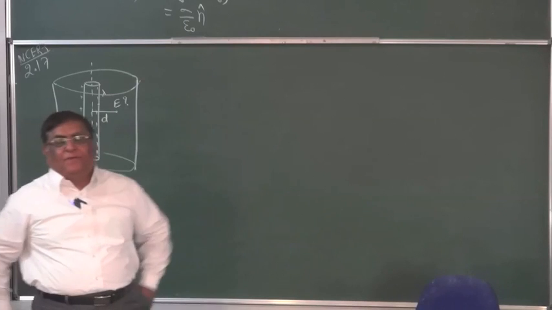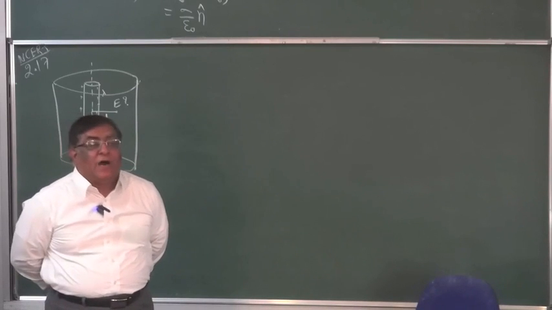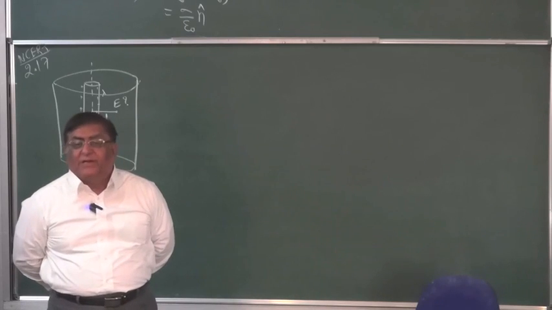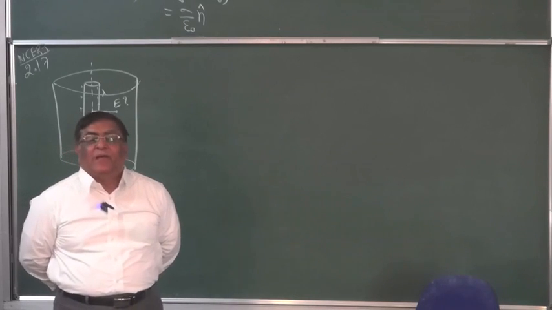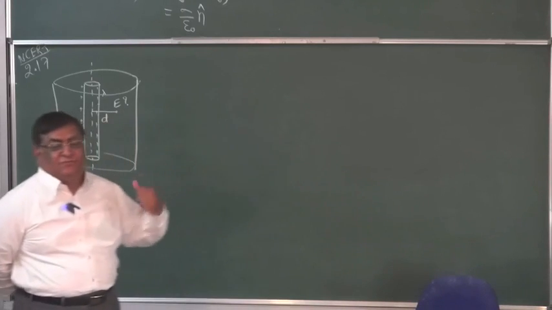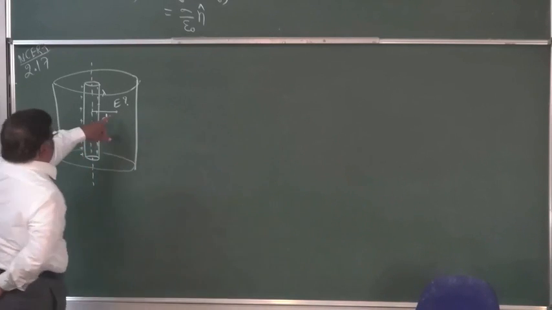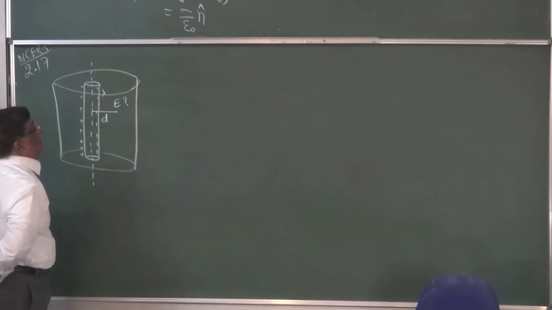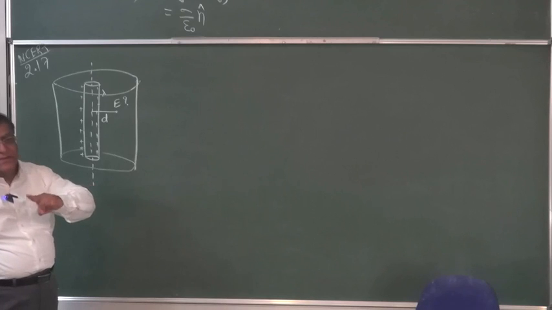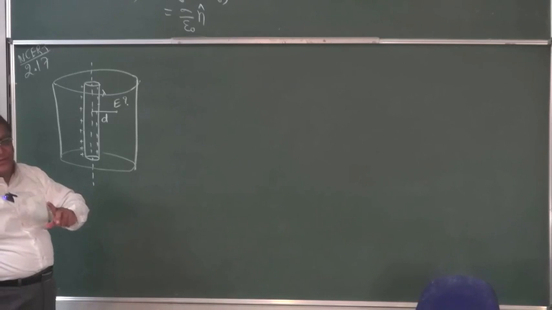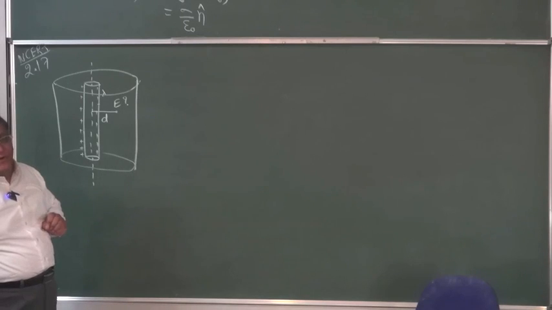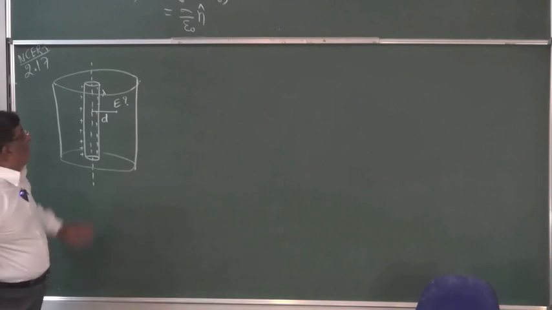To find the electric field, we are using Gauss theorem. And when teaching Gauss theorem, I told you that you will have to use it in any situation which is given to you. Here is the one situation given to us. We have to find out the electric field here. So, what were our 4 steps? Remember that. The first: consider a Gaussian surface, which is a closed surface and which has symmetry of electric field and theta.